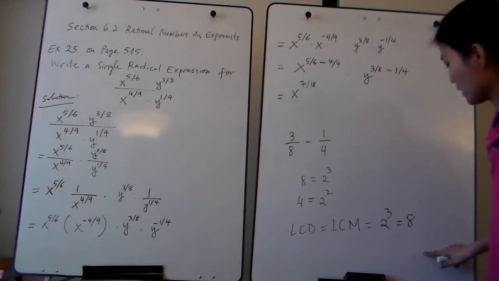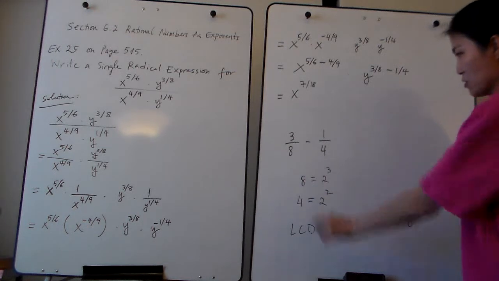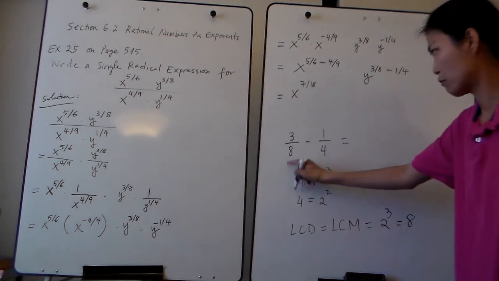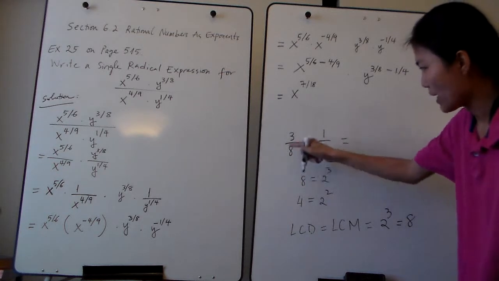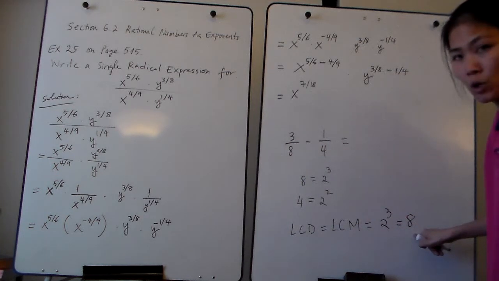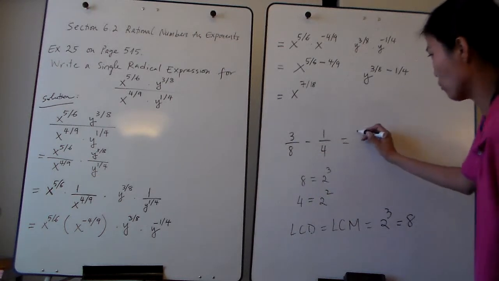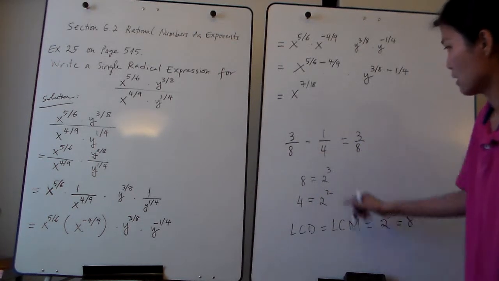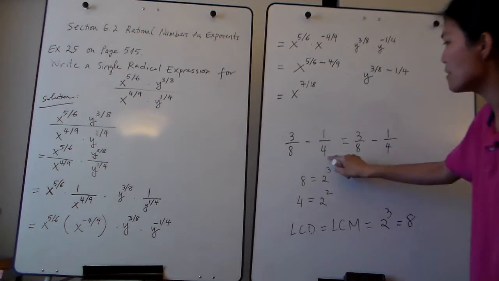That means I need to convert these two fractions to the same denominator, the LCD. Now for the first fraction, it's 3 over 8, and 8 is already the LCD, right? So I don't need to modify anything for this first fraction. I will leave it as is. For this second fraction, the denominator is 4, right?